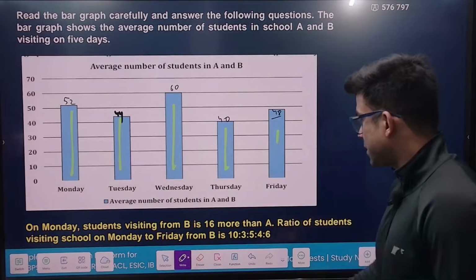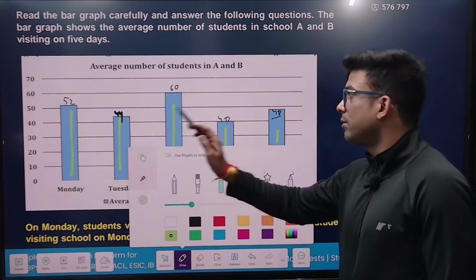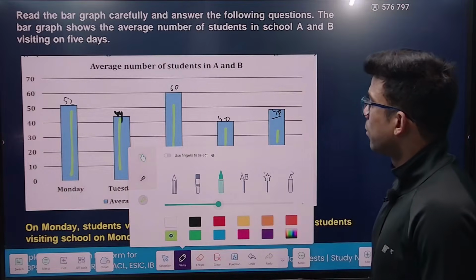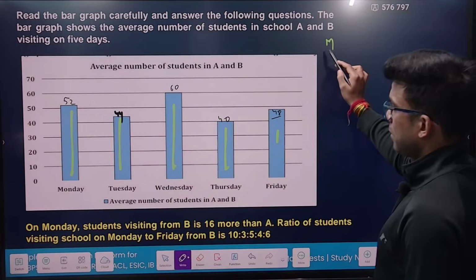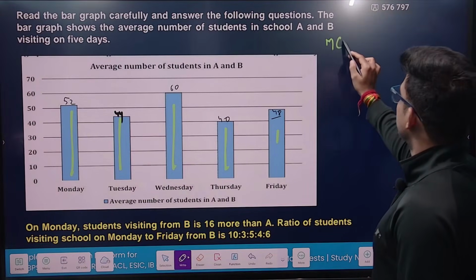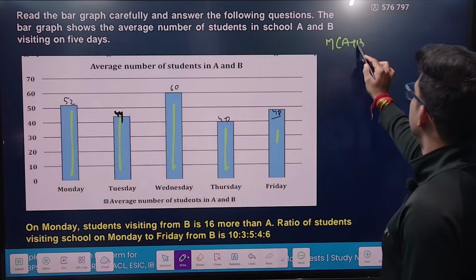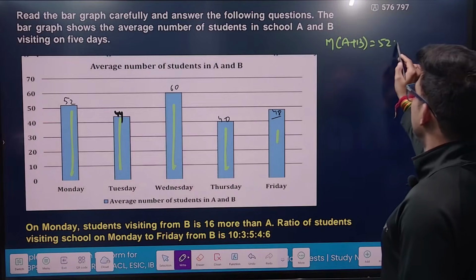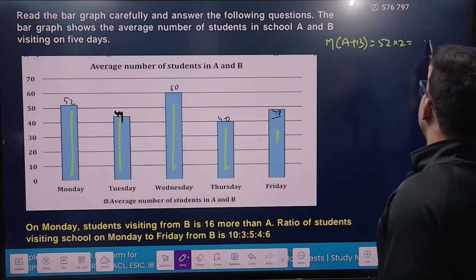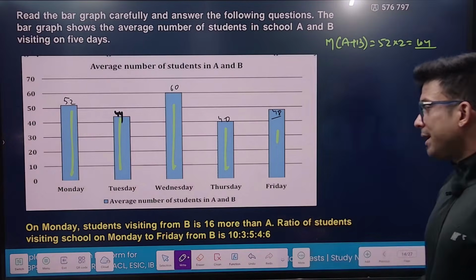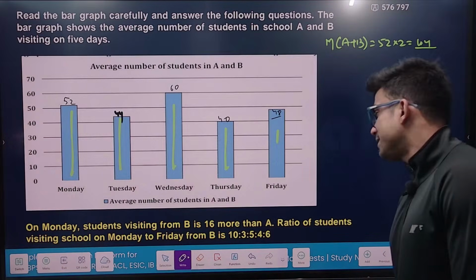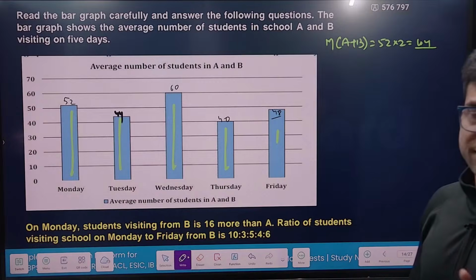So if I need to figure out the sum of students on Monday, what will I do? Students of A and B both will be 52 into 2, which is how much? 2 fours are 8 and 2 fives are 10, 104, correct? On Monday, students visiting from B is 16 more than A. This is the statement.